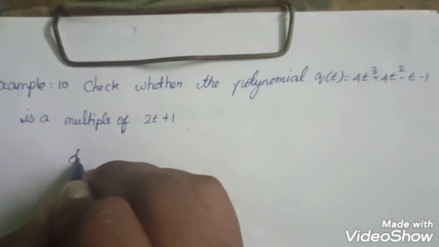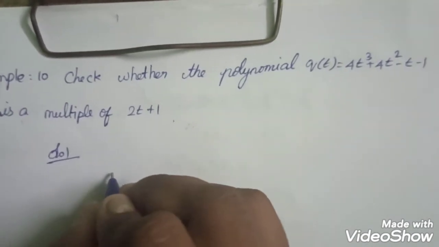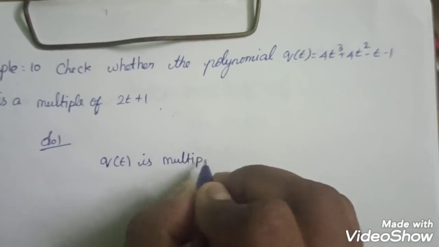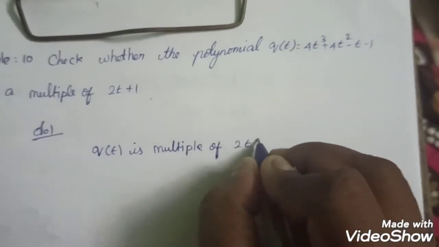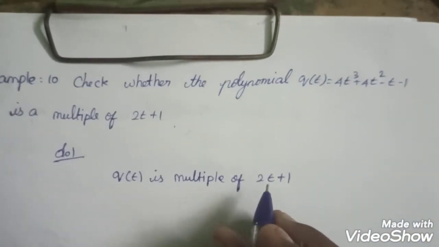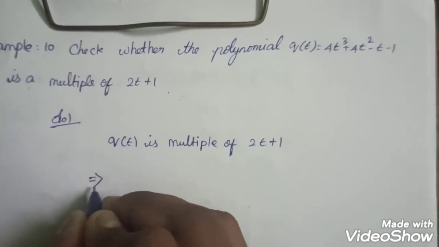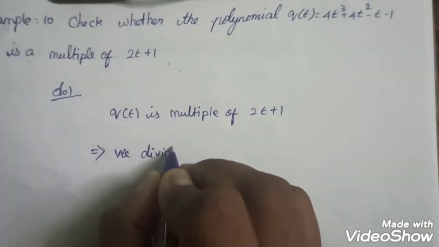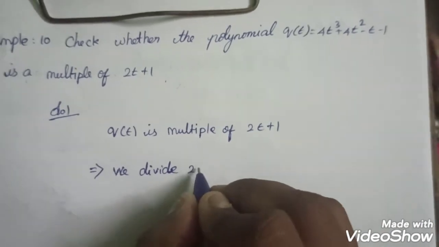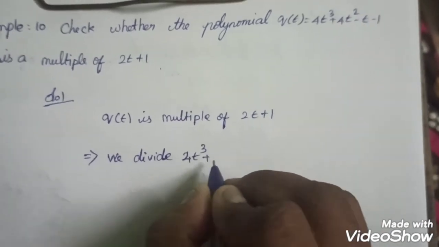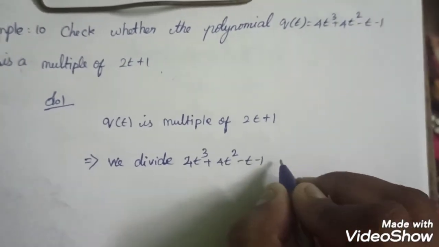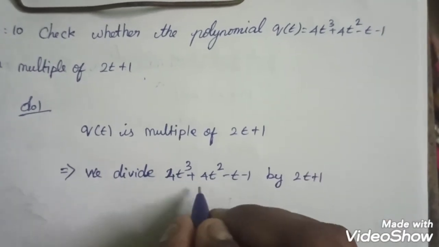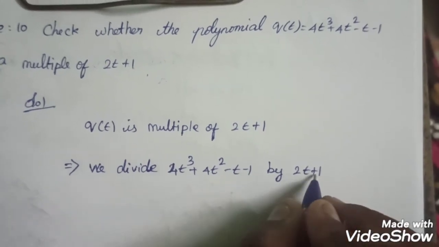So we know the given condition in the solution: q of t is a multiple of 2t plus 1, which implies we divide 4t cube plus 4t square minus t minus 1 by 2t plus 1.